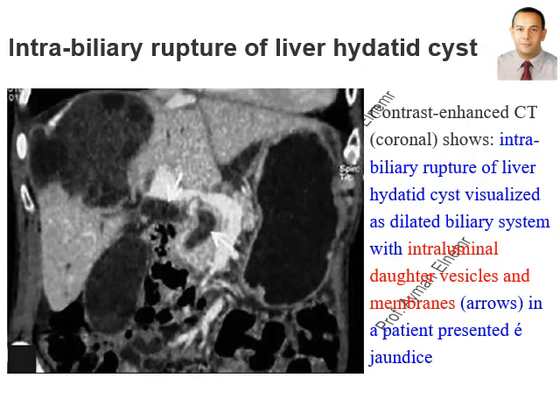And this is an example of the communicating rupture. We can see here the intrabiliary rupture of the hydatid cyst, visualized as a dilated biliary system with intraluminal daughter vesicles and membranes in a patient presented with jaundice.